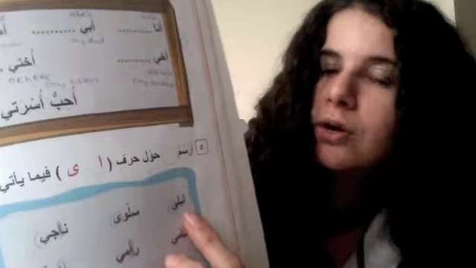Well, other than sounding different, this one has two dots right underneath it, whereas the alif maksura has no dots underneath it. No dots. So that's how you know, oh, that's an alif maksura, and that's a ya, which we'll do in our next lesson. So Layla, Sami, there's an alif.